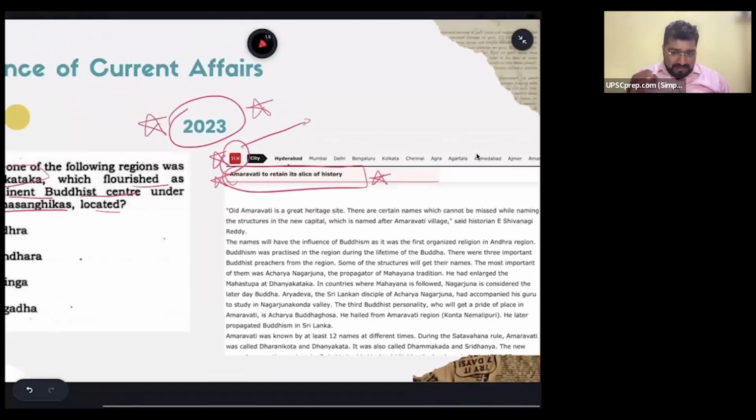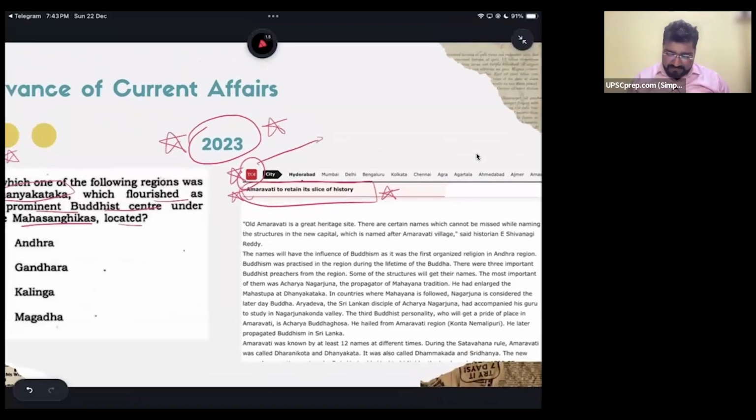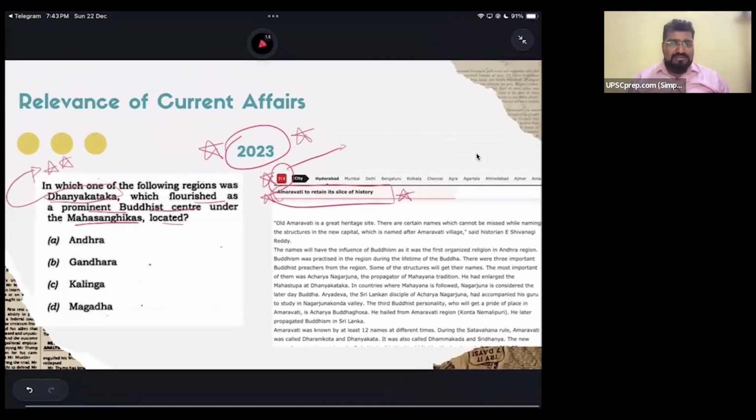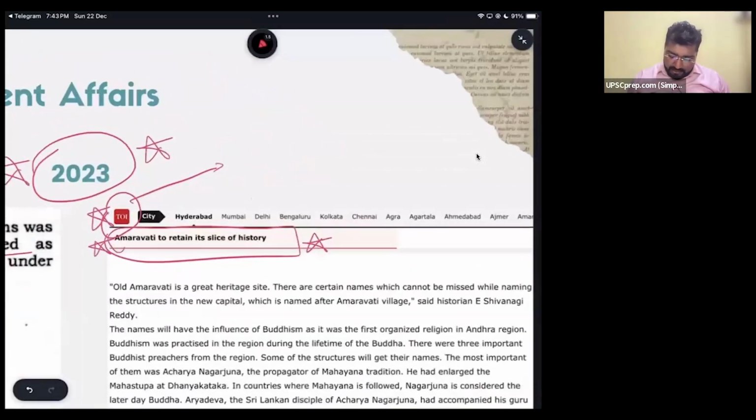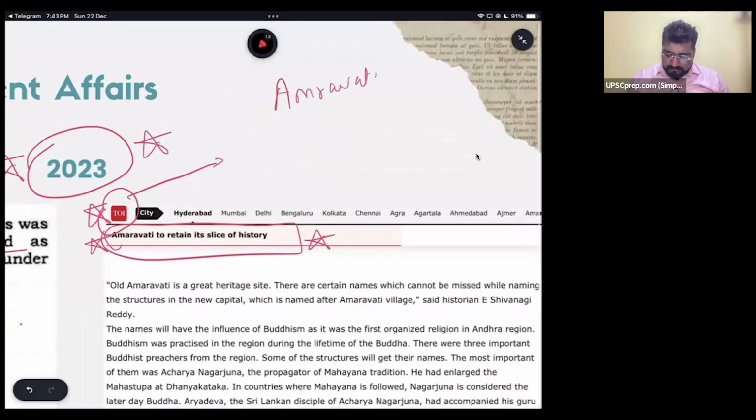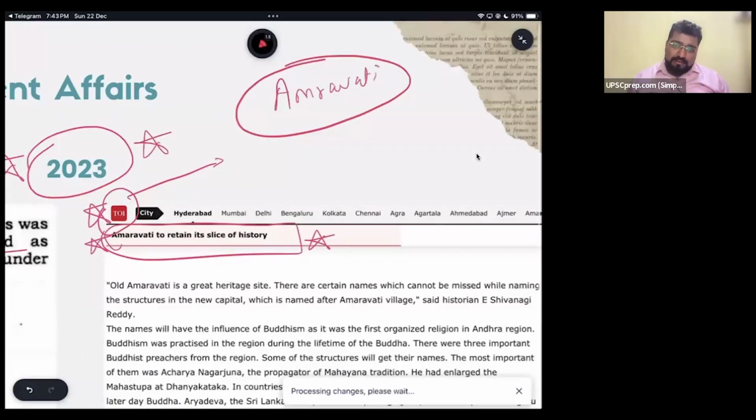Suppose henceforth any such place is in the news, and the standard newspapers like The Hindu or Indian Express aren't covering that, what you need to do is pick up that particular topic and Google it.